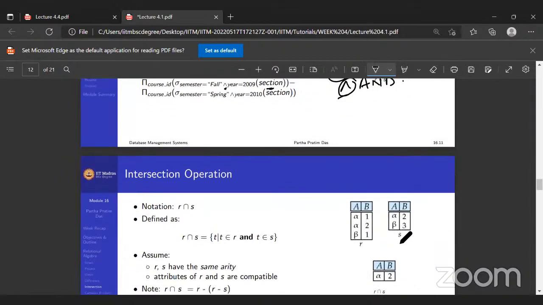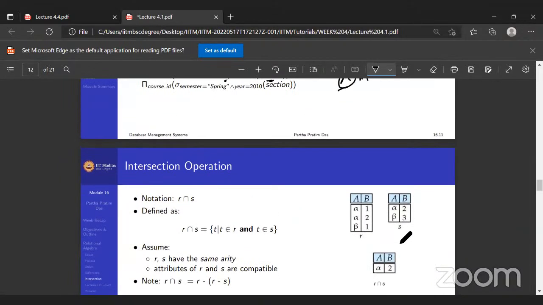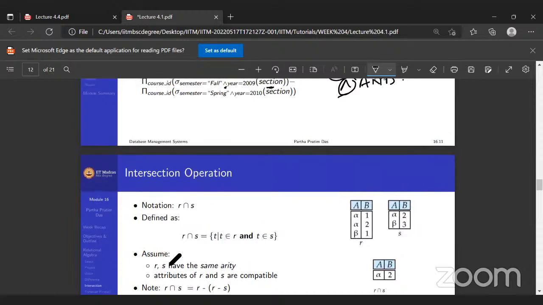So after that, the intersection has the same condition. The union compatibility condition needs to be satisfied.